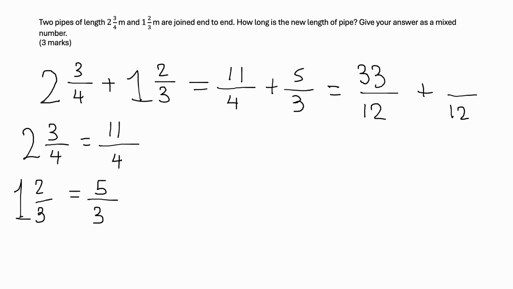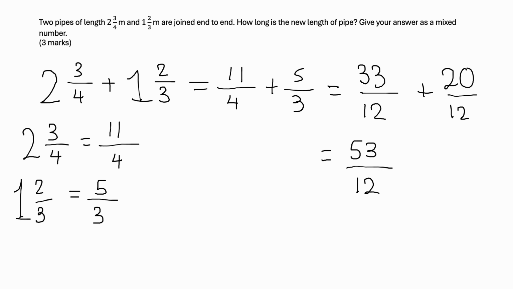To get from 3 to 12, we times by 4, so we have to do 5 times by 4, which is 20. As the denominators are the same, we just need to add the numerators together, which we get as 53 over 12.